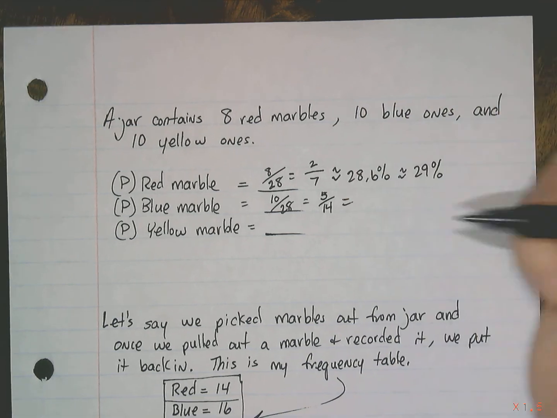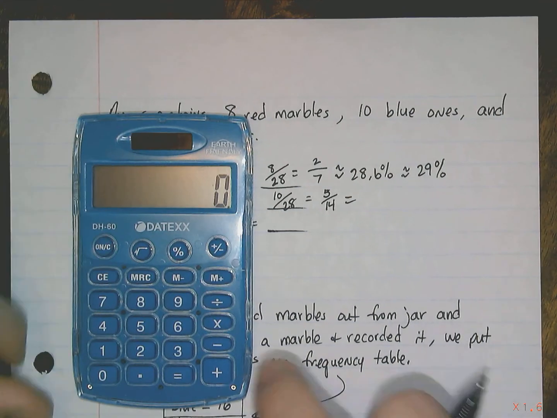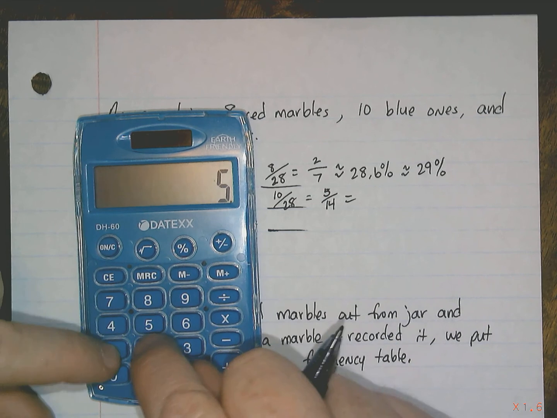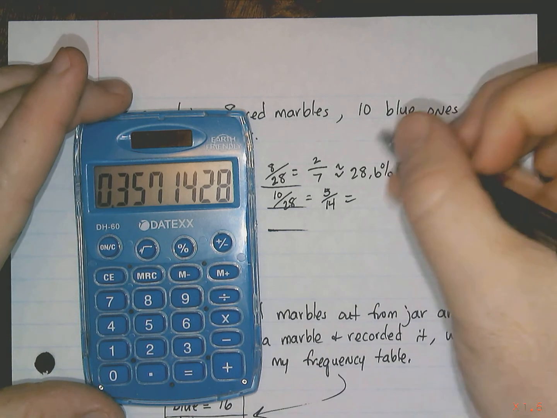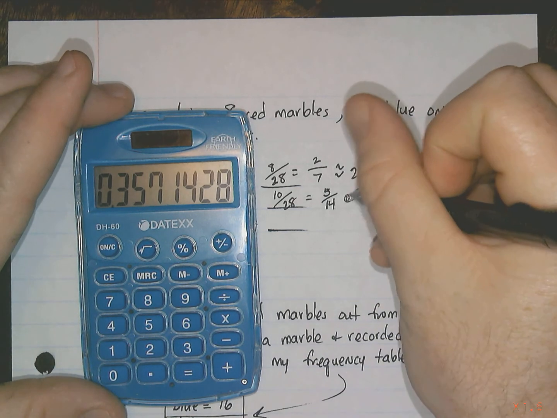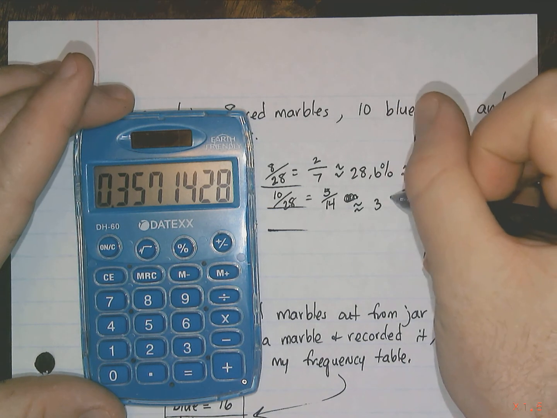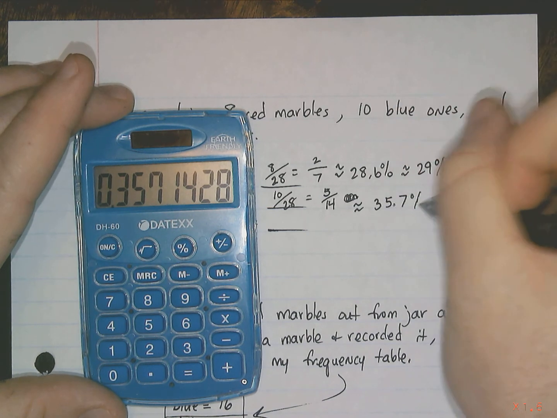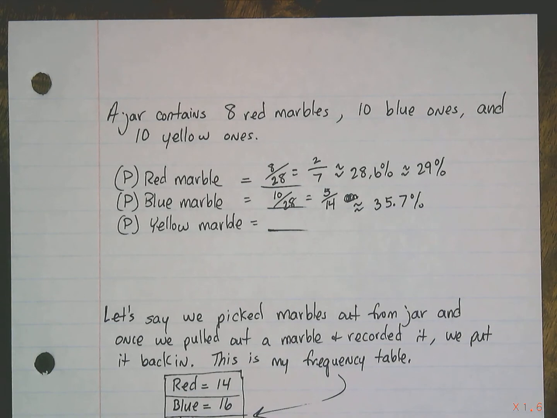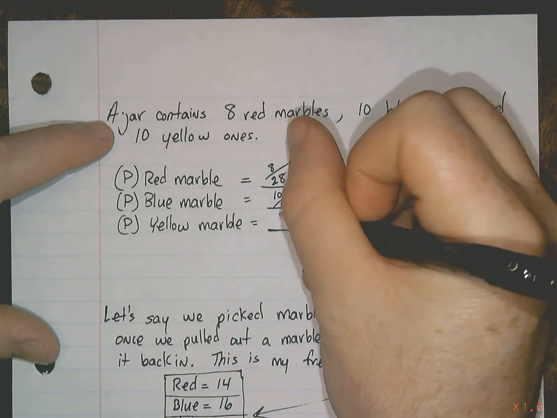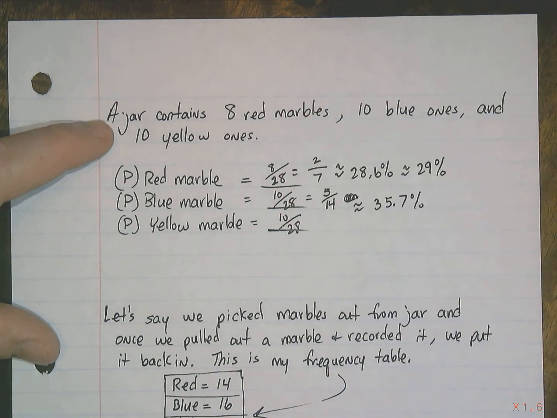If you want to change it to a percentage, take 5 divided by 14. And that equals roughly about 35.7%. And then yellow marble, we've got 10 out of 28.